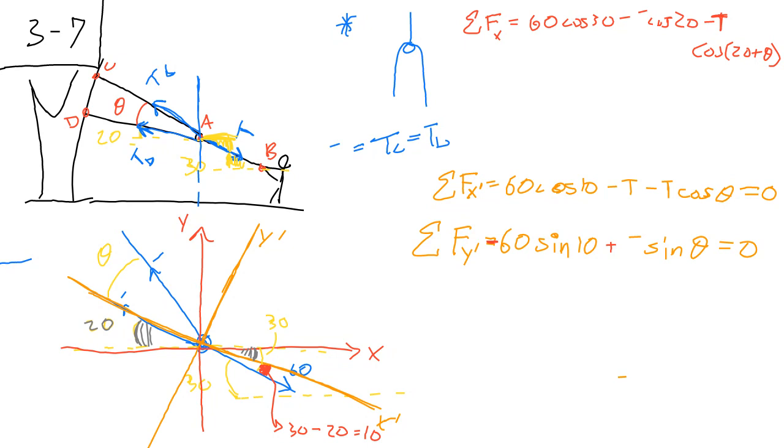Okay, so let's see what that does for us. Let's take this first one and just solve for t. It becomes t, combine like terms, parentheses, 1 plus cosine theta, move the rest to the other side, equals 60 cosine of 10.